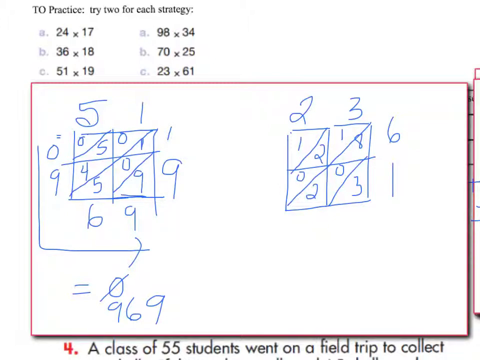Adding each diagonal section, we end up with 3. 2 plus 8 is 10. Now, this is where it gets a little tricky. We have to put a 0 there, and we actually carry over here, but this doesn't become 11, it becomes 1 plus 1. So 1 plus 1 plus 2 is actually 4, and then 1, and again we need to rewrite that because that's going to be confusing.